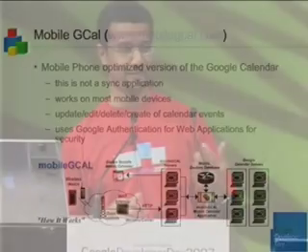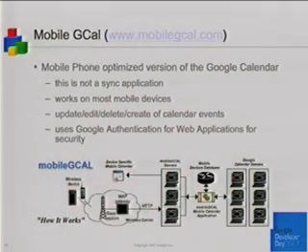You can take your calendar on your mobile phone and create or delete an event. This is not a sync application like the previous Mac-based iCal integration. This is more of a front end for your Google Calendar, and it has been quite popular with a lot of mobile users. We have seen a lot of traffic from this application as well.